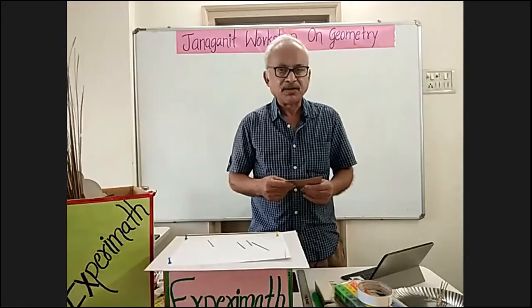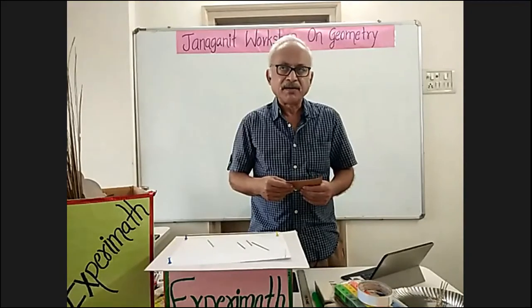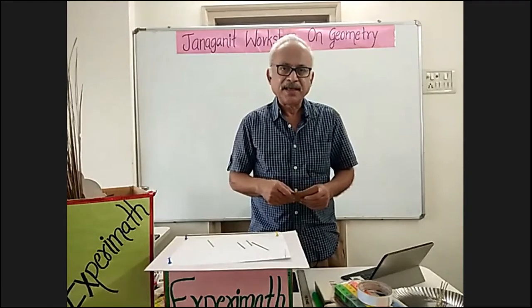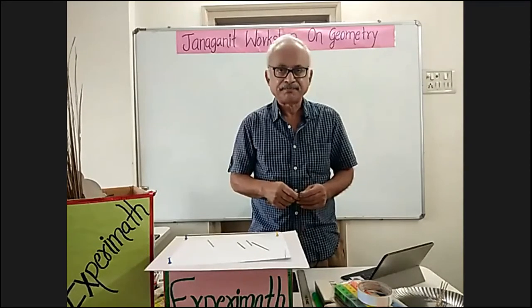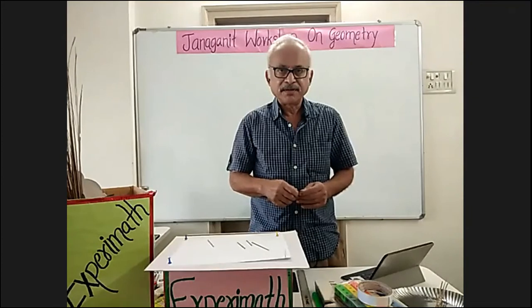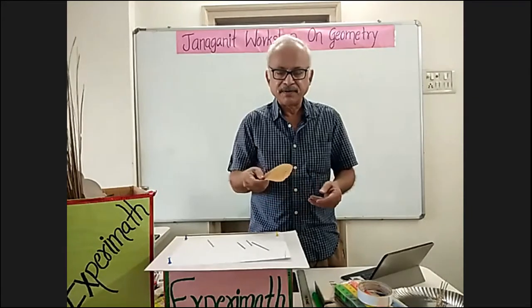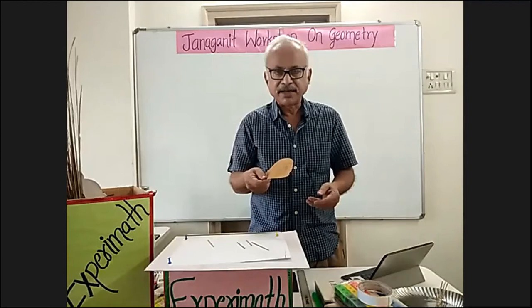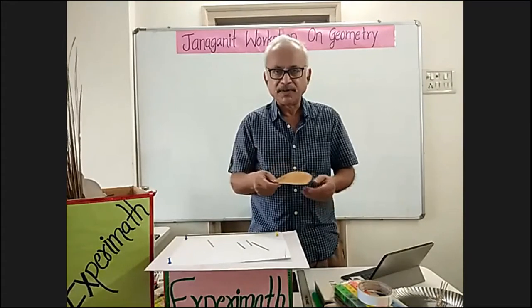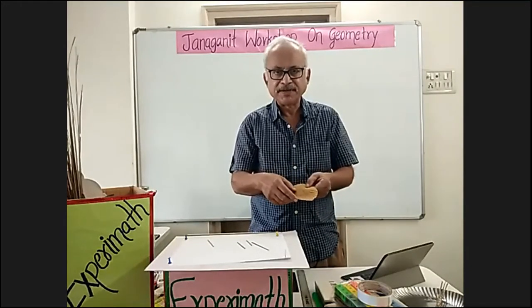In the last session, we did not make angles by using a compass and a scale. We did not make angles by using a protractor. We made angles by cutting them out from a circular sector.